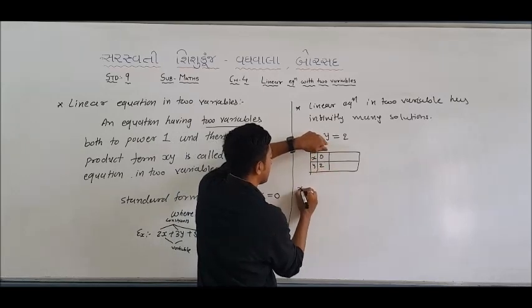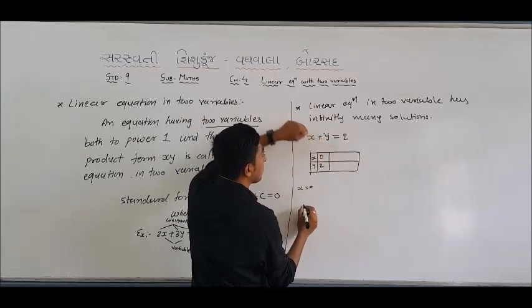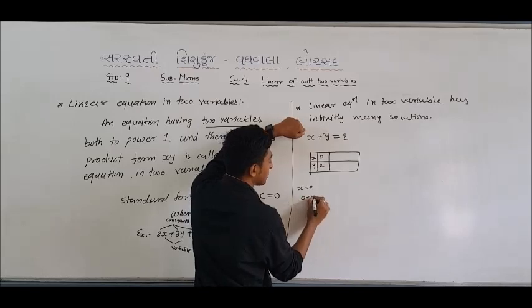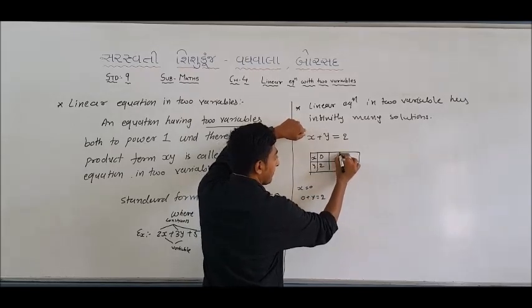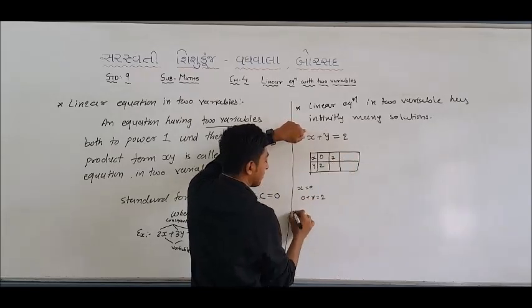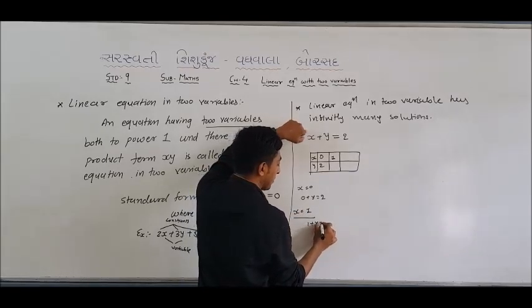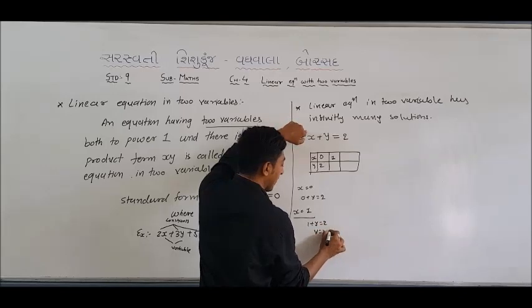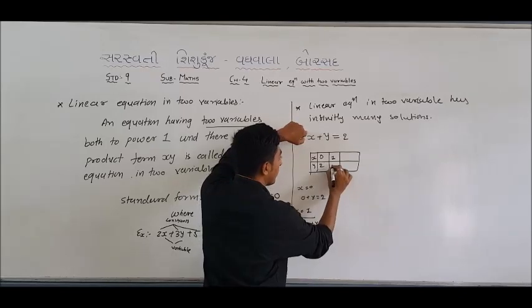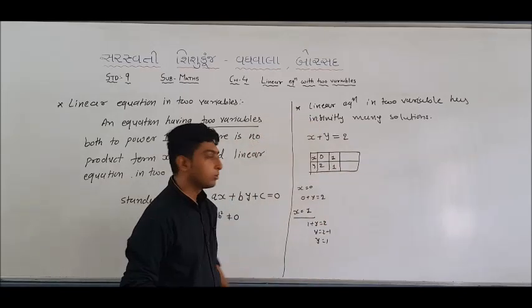Substitute x equal to 0 in the equation, 0 plus y equal to 2. If I take x equal to 1, I will get 1 plus y equal to 2, y equal to 2 minus 1, y equal to 1. See, 1 plus 1 equal to 2.